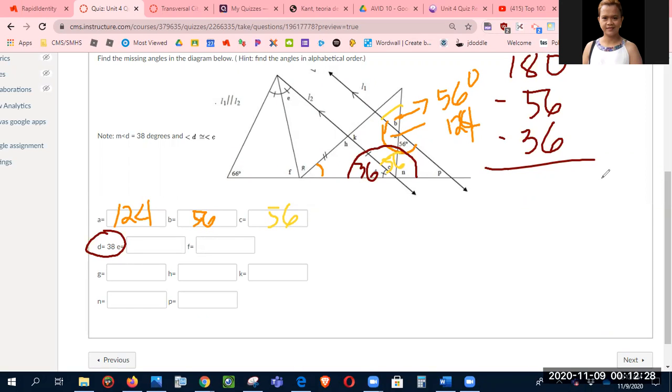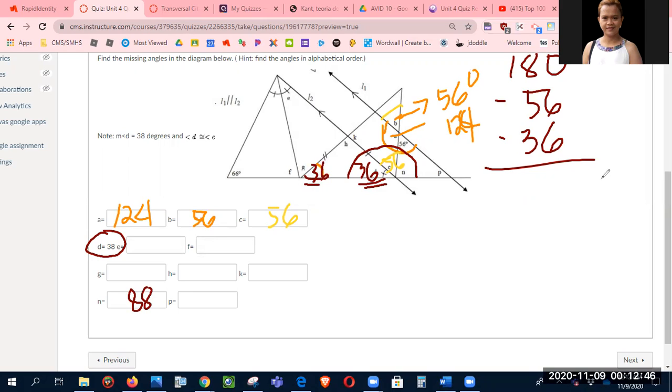So angle N is 88. If that's 88, these two angles are the same, so this one is also 36.